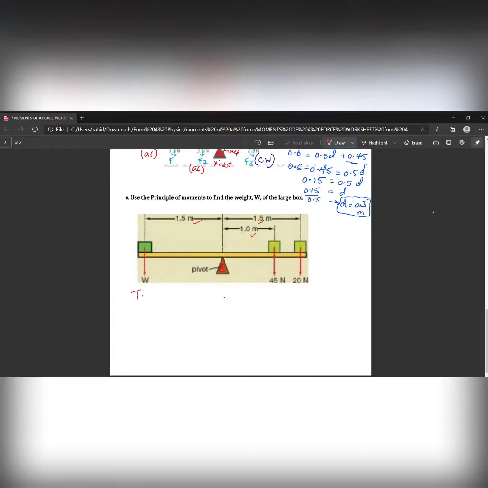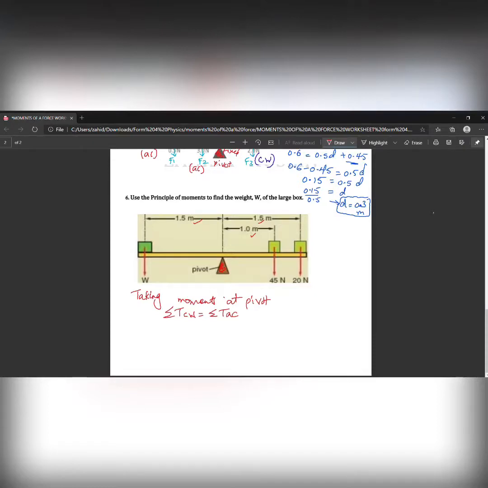We are going to say again, taking moments at that pivot, writing my formula one time: sum of the clockwise moments equals sum of the anti-clockwise moments. And we need to now figure out what is clockwise and what is anti-clockwise. Same thing we've been doing.